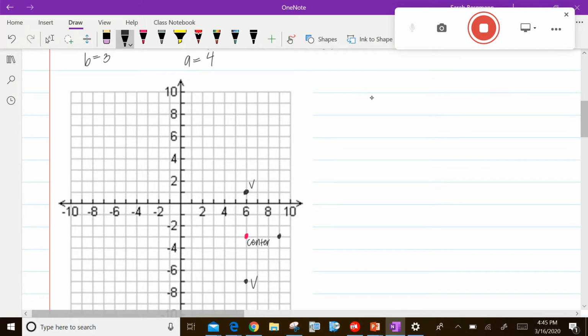So it has to be 3 units for each co-vertex from the center point. So my minor axis is horizontal, my major axis is vertical, and my ellipse is when I connect all of those vertices and co-vertices in a smooth ellipse.